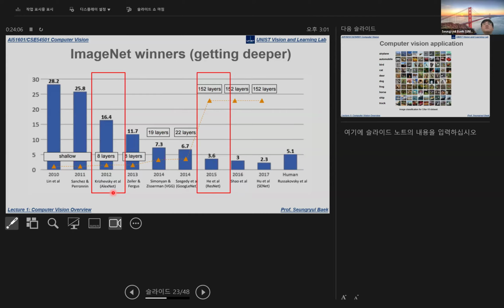Deep is the opposite concept to shallow. Shallow learning has just one layer. You will come to know what a layer means; there will be layers in the algorithms. In shallow learning algorithms, you will see they only have one layer, which is why they are called shallow learning algorithms. But in 2012, you can see 8 layers here.